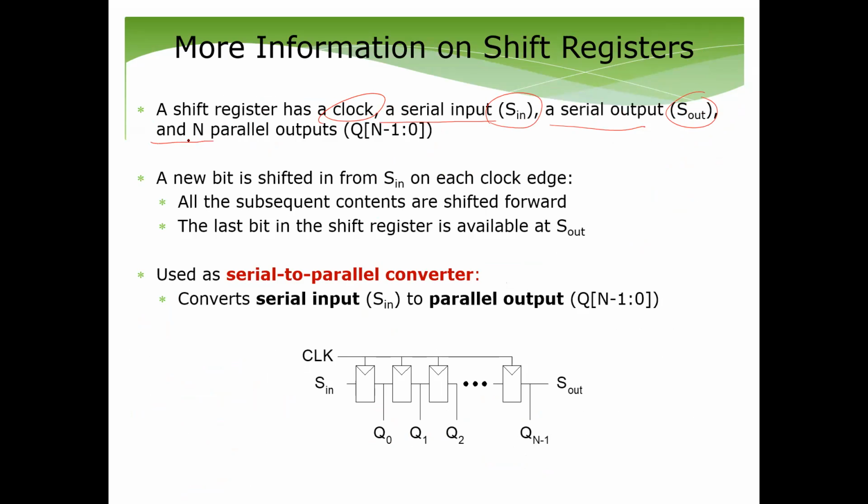You can also have n parallel outputs. You can read the output of all bits in your register. And also you can have a parallel load. Parallel load means I have inputs from D0 to Dn minus 1.